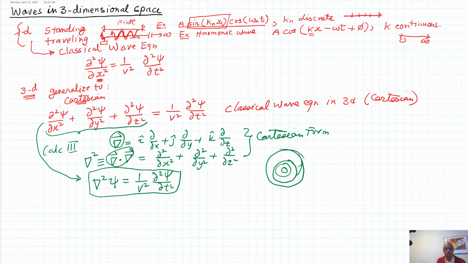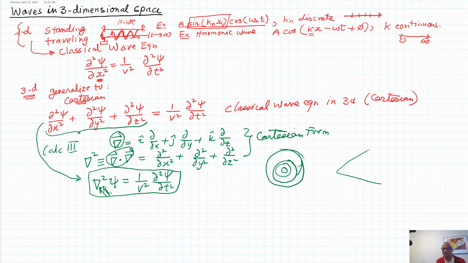Then I would want to use this del in spherical coordinates, and it's going to have a different type of formula. It wouldn't just look like this. It would use r, theta, and phi. I'm not going to go into that, but I just want to show you that this generalizes, and you can have any coordinate system that is suitable for your problem.